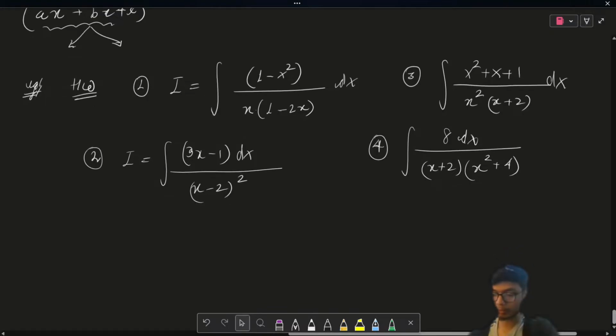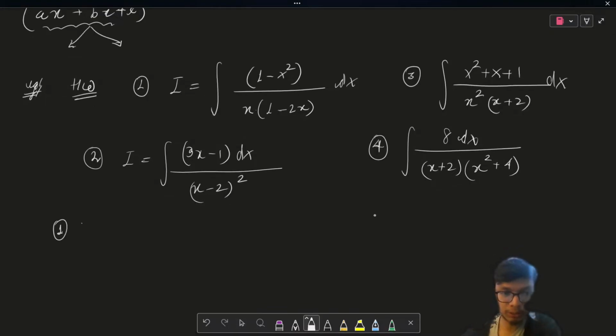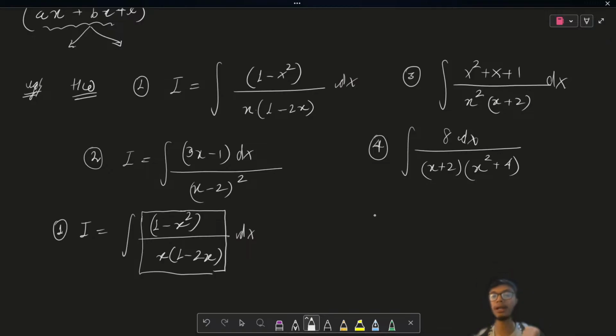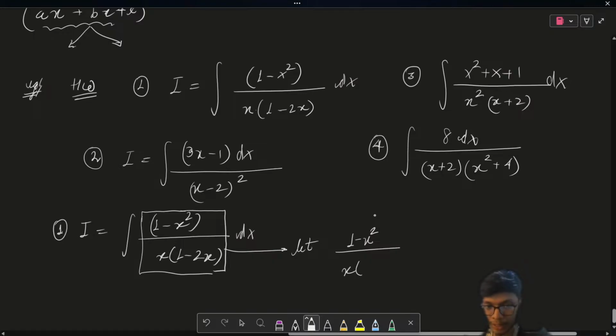If you look at the first problem, it is the integration of (1 minus x square) upon x times (1 minus 2x), with dx. Before I start to solve this, I see that this is a simple rational function, so I try to get it in terms of partial fractions. If you remember the partial fraction steps, we are already provided with the linear factors in the denominator, x multiplied by (1 minus 2x).